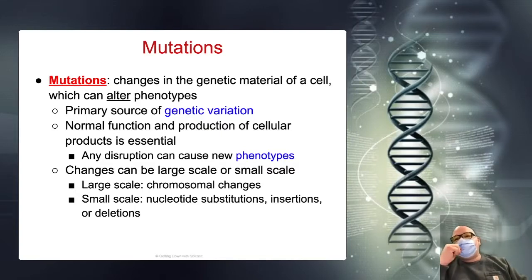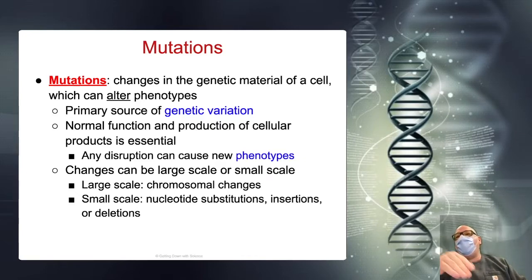Now, mutation changes can be very small, so one single base could be inserted or deleted or substituted, okay, like hitting the wrong key when you're typing, or not hitting a key, or hitting an extra key. Or they can be large-scale chromosomal changes, okay?